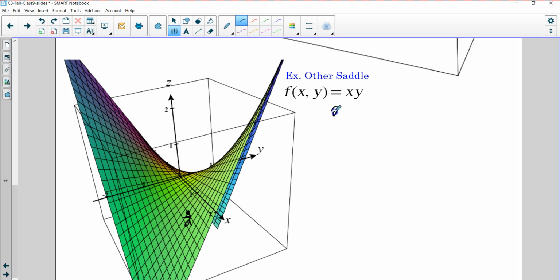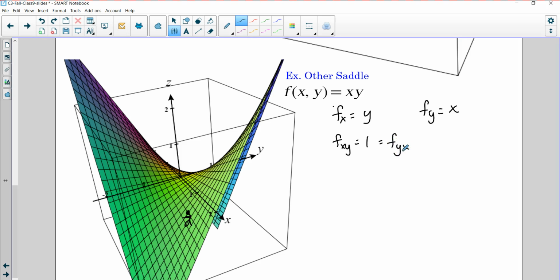And now let's just look at the partials. So fx is just y and fy is just x. And then if we do mixed partials, f sub xy, this is 1, and we actually get the same for f sub yx.